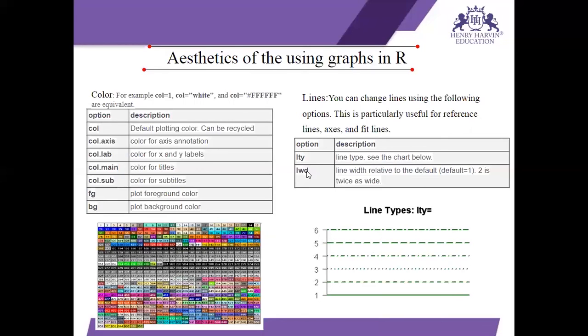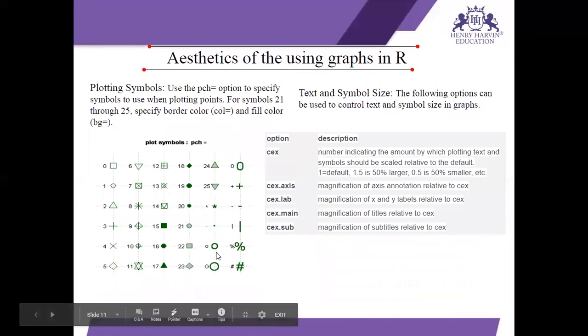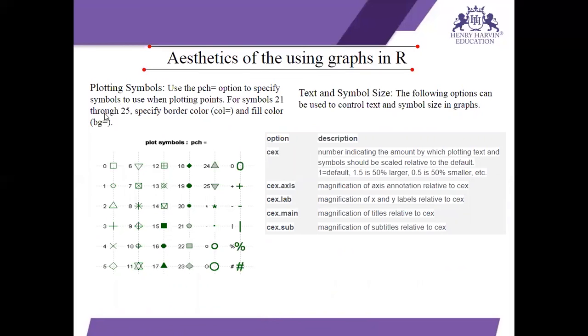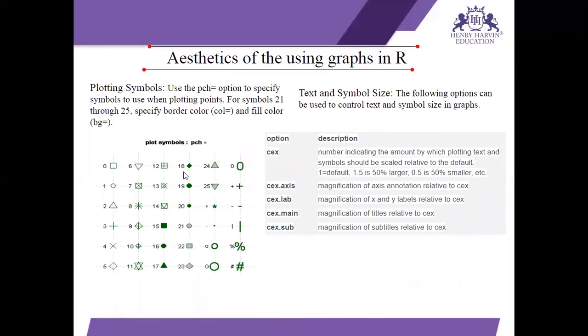Then there is line width. For that the command is lwd. You can always make the line big, or it can be a thin line. Next is the plotting symbol. The plotting symbol can be of different shapes. For symbols, the numbers are from 0 to 25. There are 25 types of symbols that you can use to plot your data.